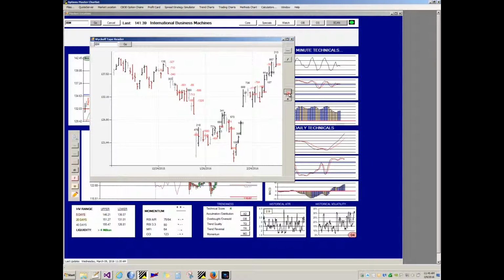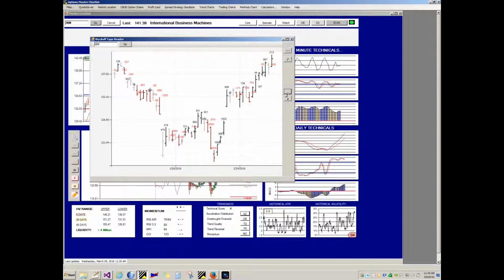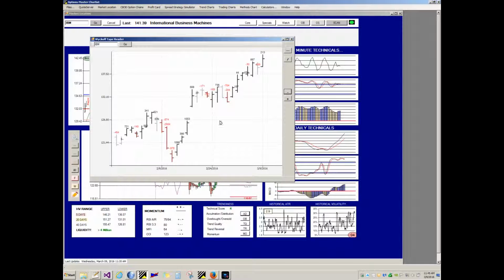We'll size it out and do a little housekeeping with the numbers. But this is the February 11th low. And what these numbers represent is on balance volume for each individual bar.